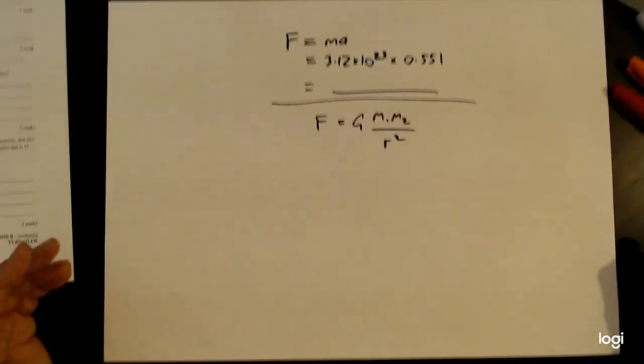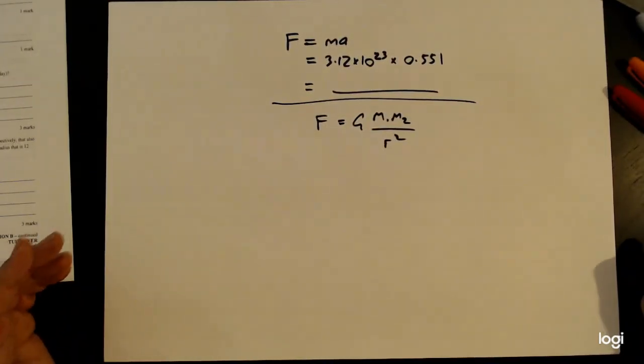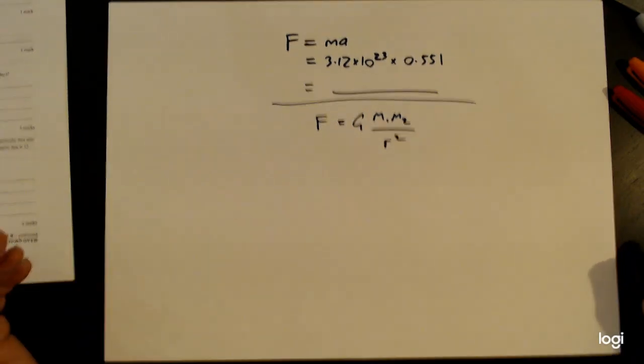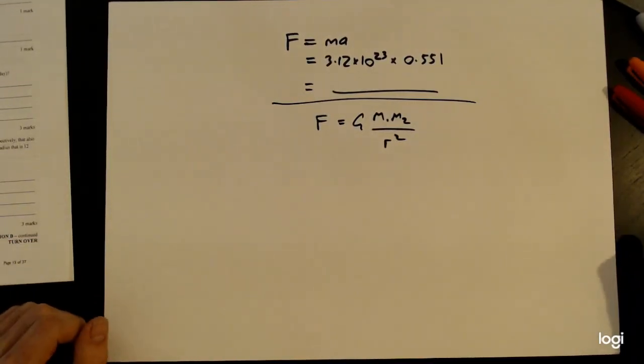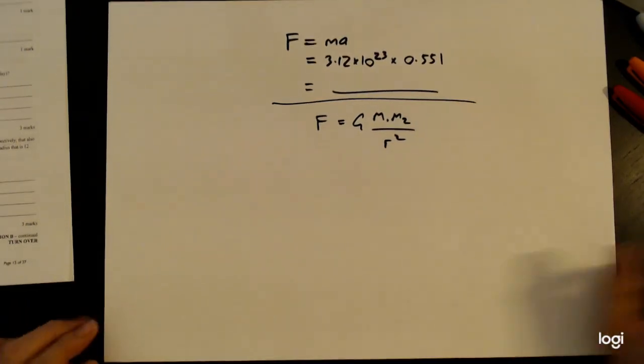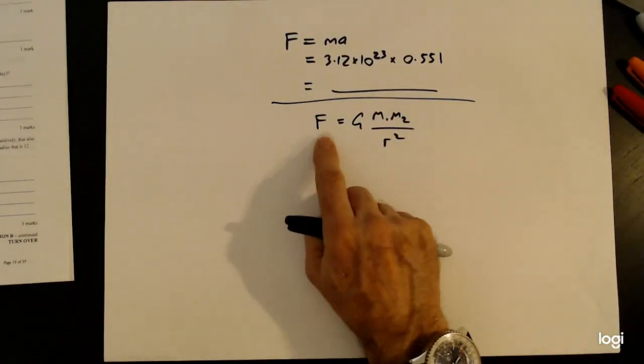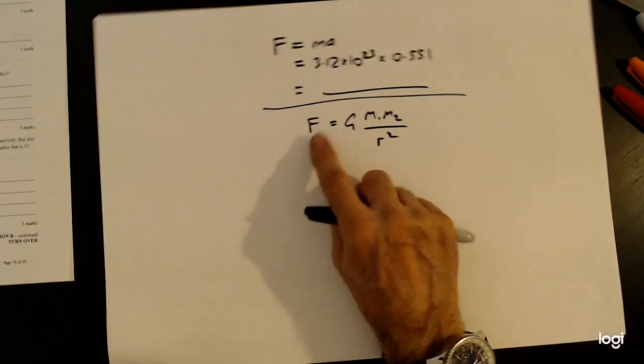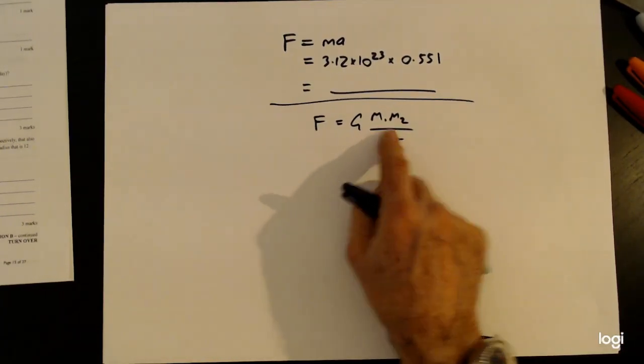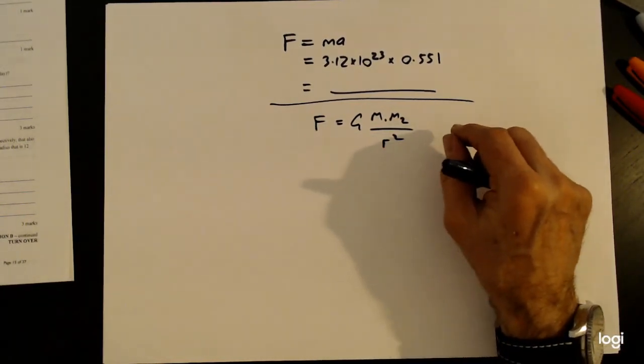But I'm forcing the Earth towards me with the same amount of force. Because the Earth is way heavier than me, the Earth doesn't move much, and I do all the moving. But we're both being forced by the same force. That is mutual, right? That is the force of m1 on m2, and it's the force of m2 on m1, right? So the answer to A and the answer to B in question 4, the same.